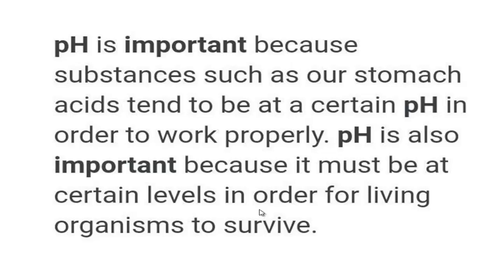For example, soil: the proper pH value for cultivating good crops is 6 to 8. So if we maintain this pH value, then we get good crops.